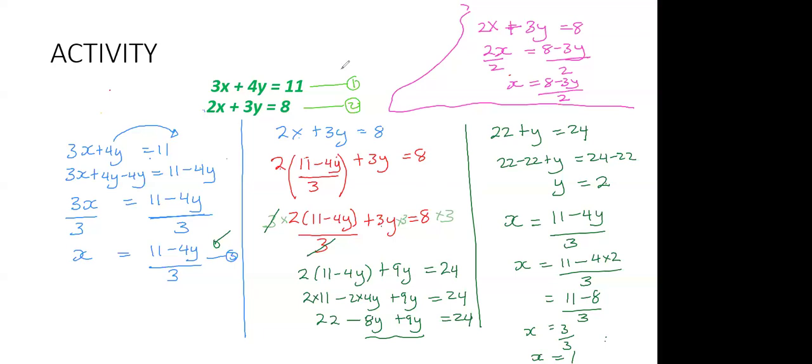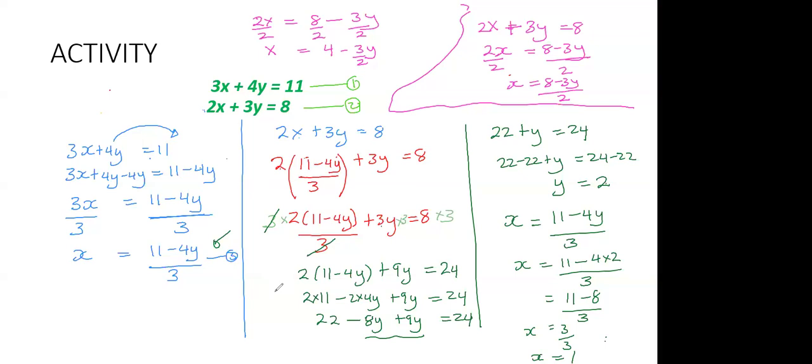Now, when you decide to divide, this 2 divides every individual term. So you would have had 4 minus 3 out of 2y. So that is what you substitute. Okay, I made a mistake there. That's why I have a different answer from yours. Yeah, sorry.